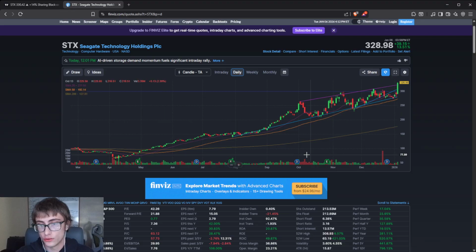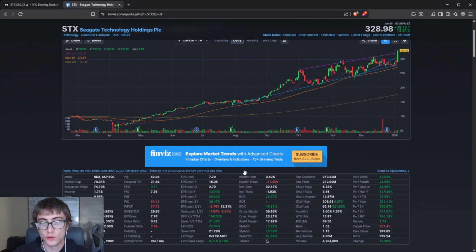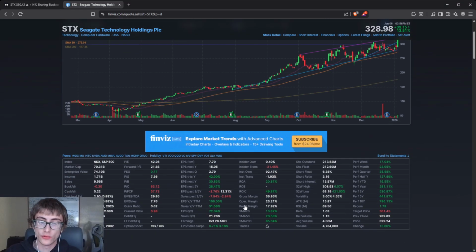That's what's driven this stock to make such a huge move, its huge earnings growth. So the first thing we look at is earnings per share quarter over quarter, sales quarter over quarter, and then margin. You want to see positive margin for a few reasons, right?